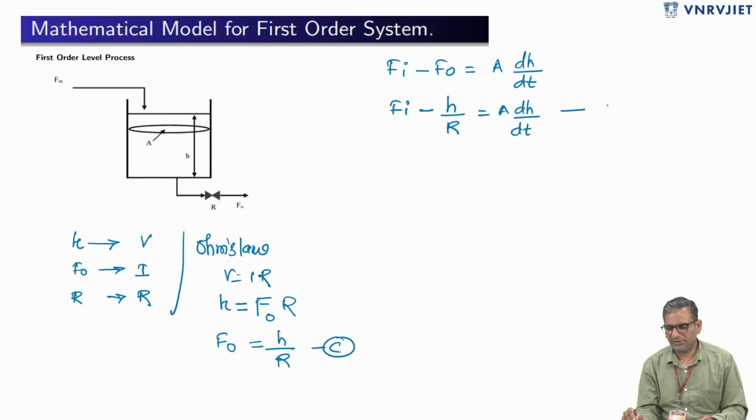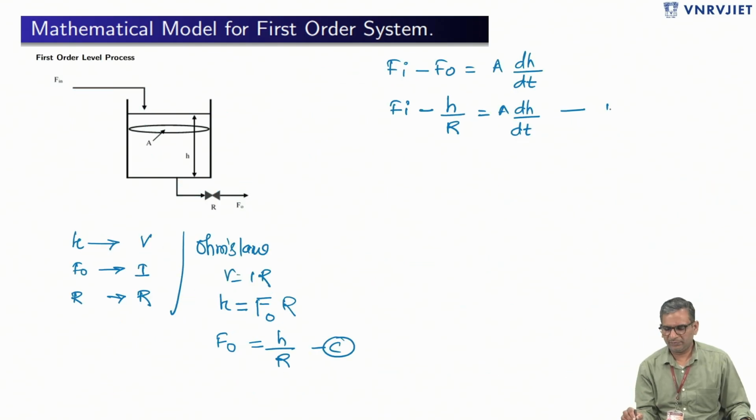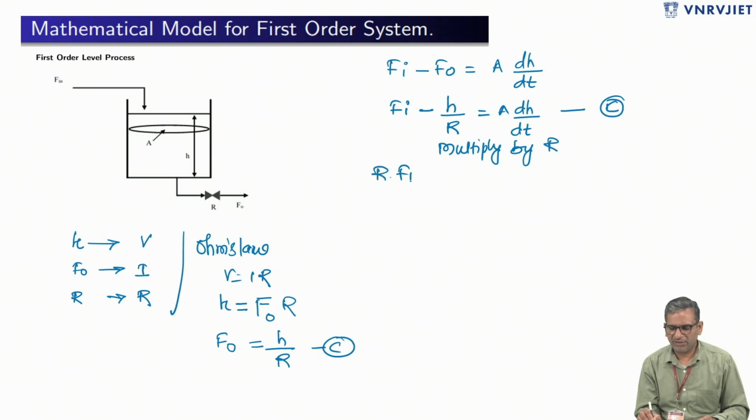Let's say this is the next equation. Now I will rewrite the equation by multiplying by R, so that we get a time constant element. So I multiply this entire equation by R, and I get R into Fi minus H is equal to R into A into dH by dt.